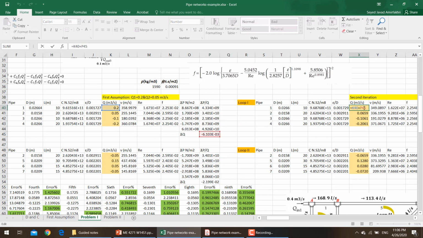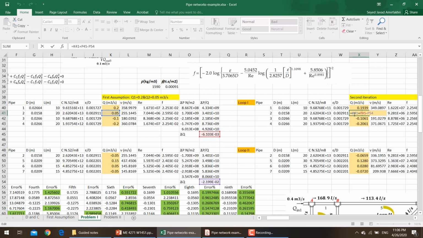So this is the new value for Q1. For Q1, Q new equals Q old plus delta Q. Keep in mind that because Q2 is in both loop 1 and loop 2, you need to apply the delta Q for both of these loops to calculate the Q2 new.